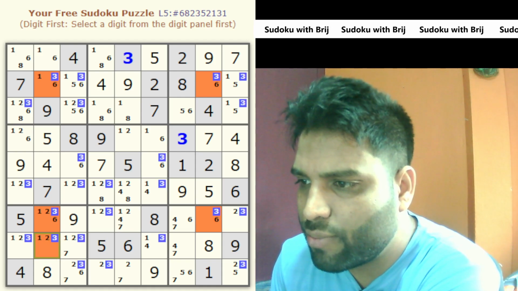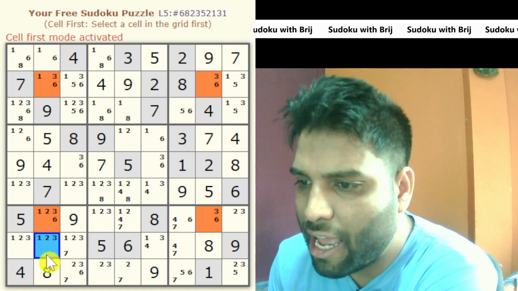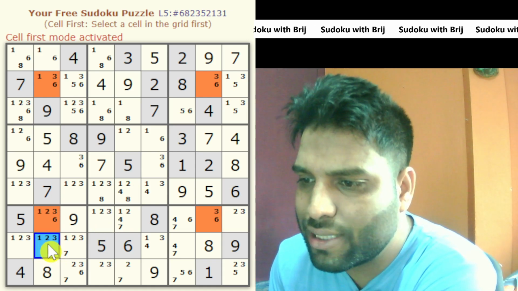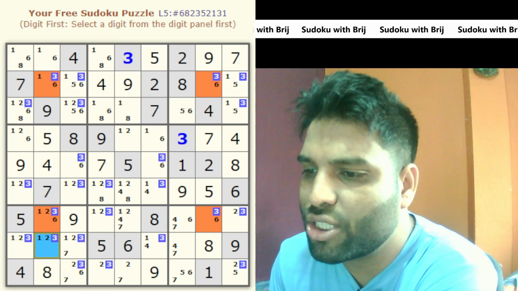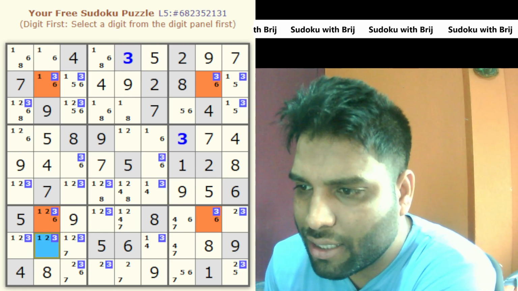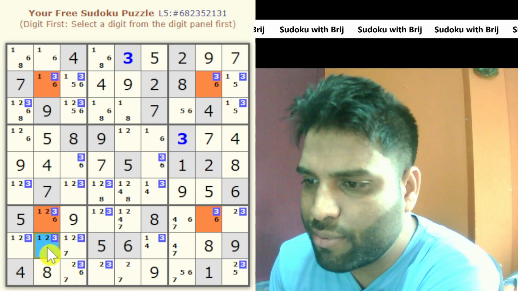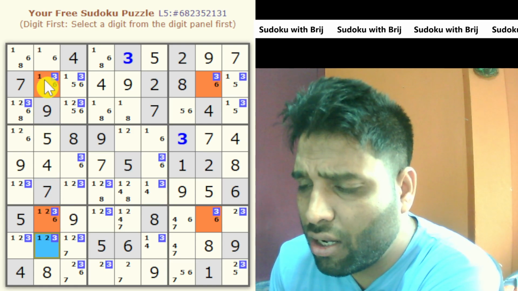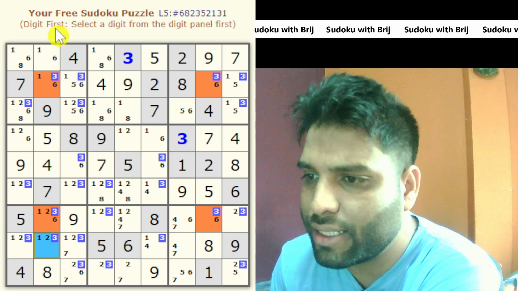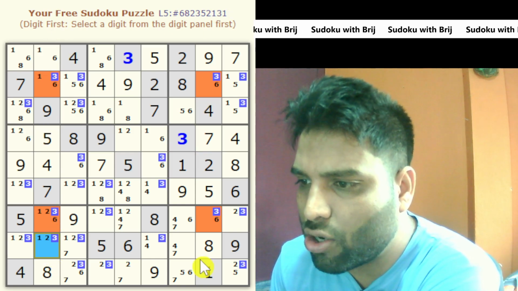So let me mark that cell with another color so that we can understand. I'm ignoring this blue colored cell, assuming there cannot be 3. On that assumption, if there is no 3 in this cell, that means there will be an X-wing of 3 in column 2 and in column 8.